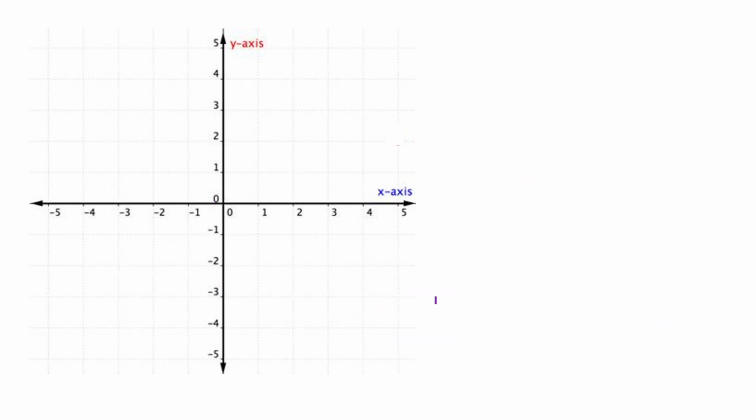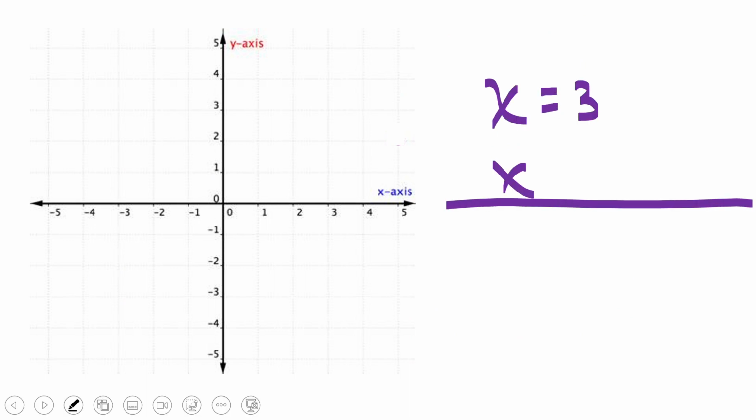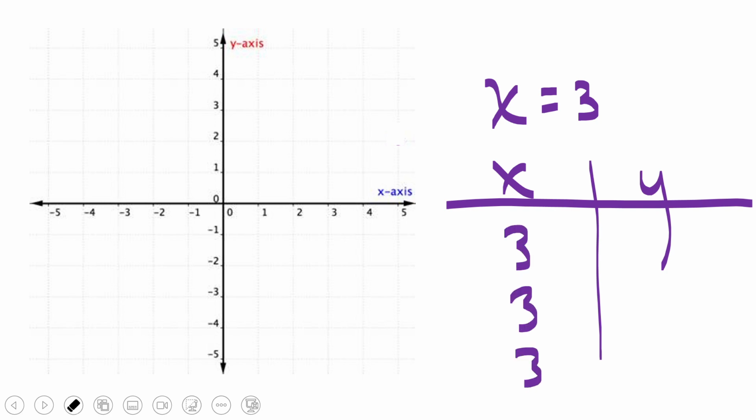If we were given x equals 3, and we make a chart, x and y, but x is always 3, I'm going to plug some values in for y, around 0: negative 2, a 0, a positive 2.